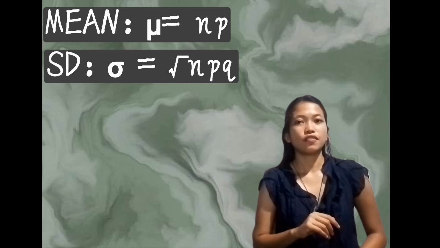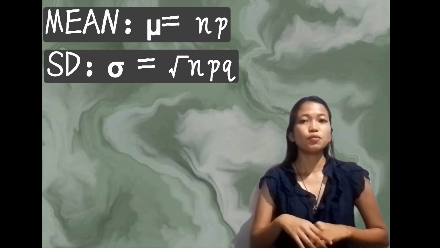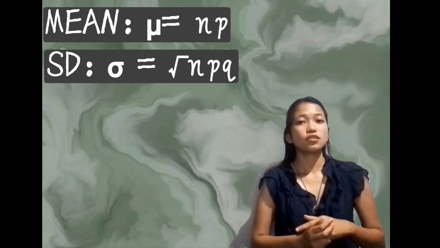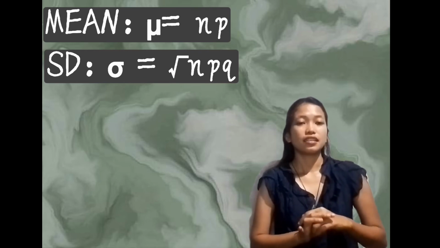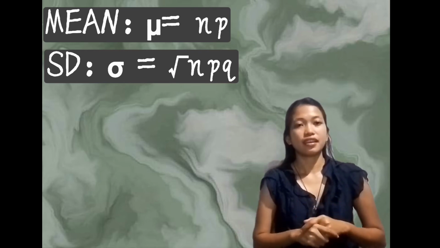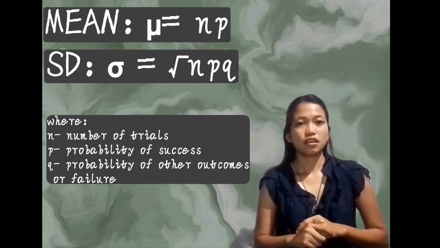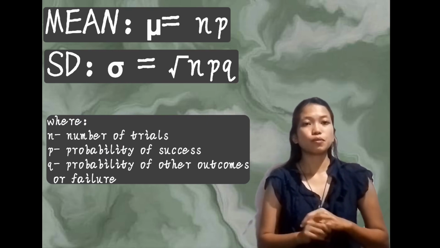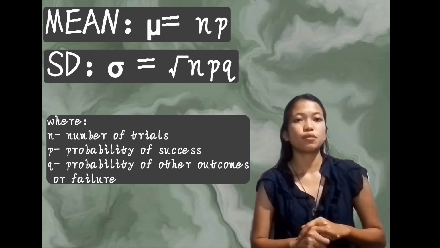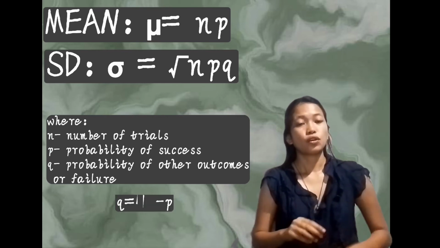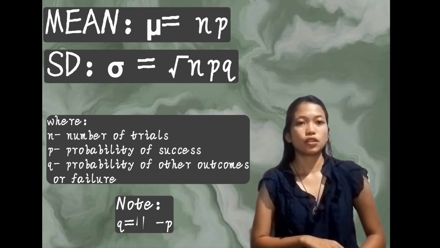And the formula of the standard deviation in a binomial distribution is sigma equals the square root of n times p times q, where again n is the number of trials, p is the probability of success, and q is the probability of other outcomes or probability of failure, wherein q is equal to 1 minus p.